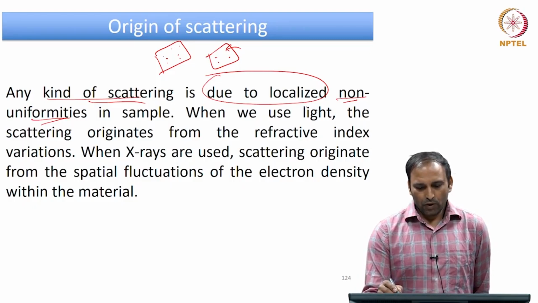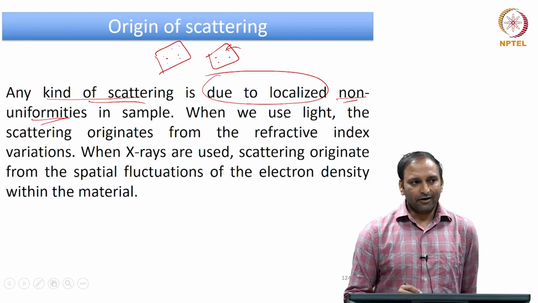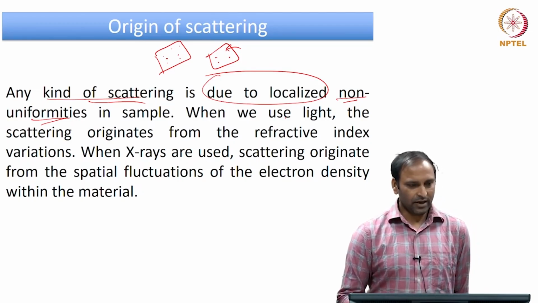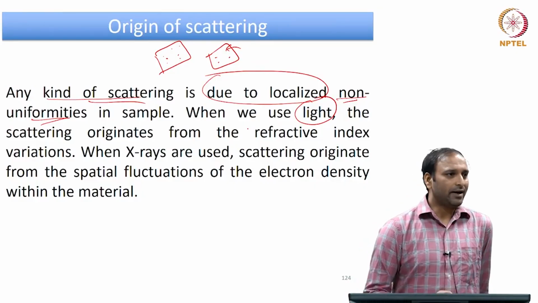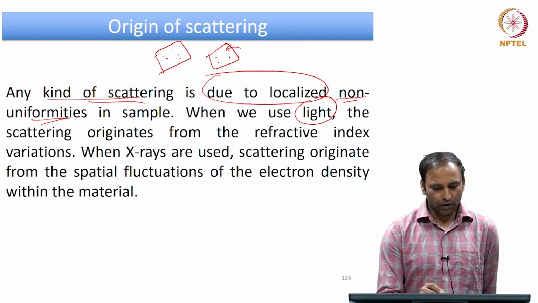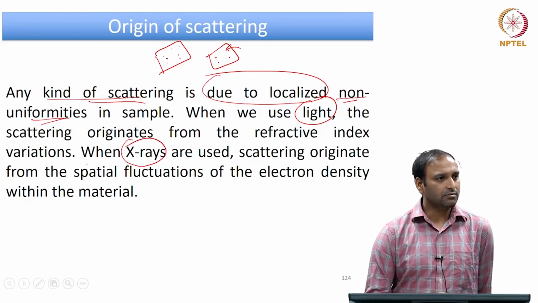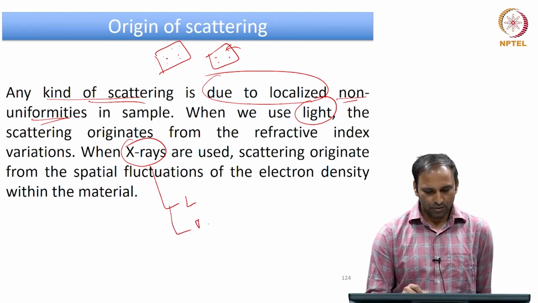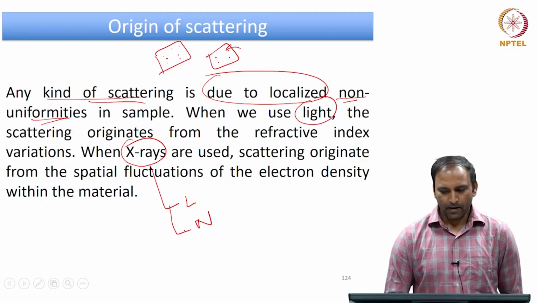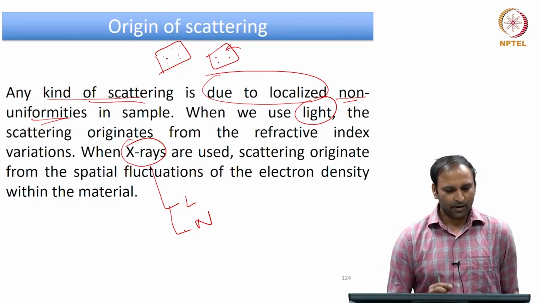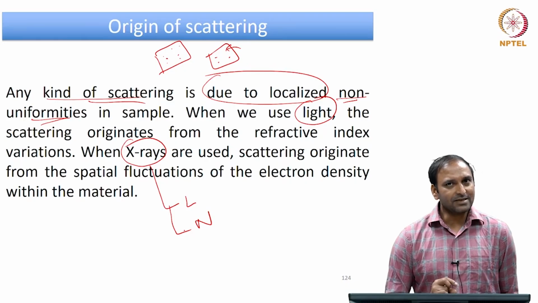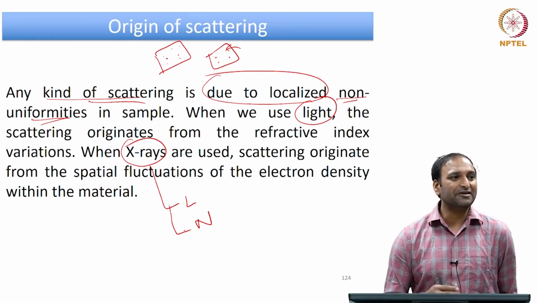Now, people use different light sources in experiments. You can use visible light or white light, you can use X-rays, you can use lasers, you can use neutrons, and depending upon the light source that you use, the scattering is attributed to different reasons.